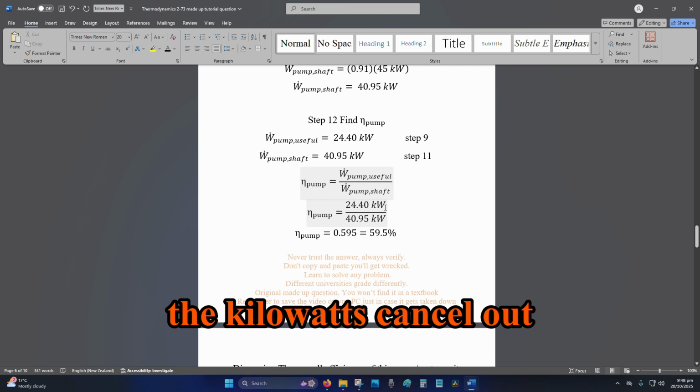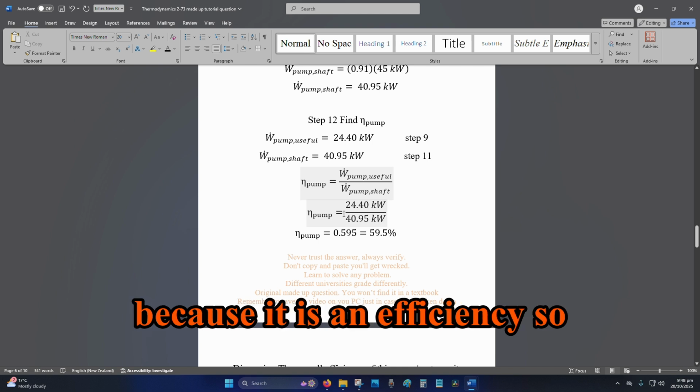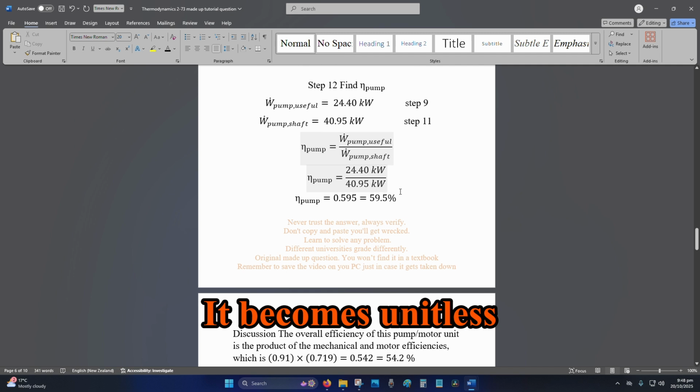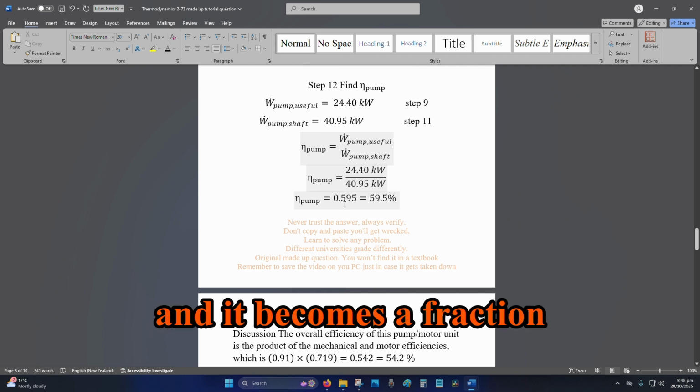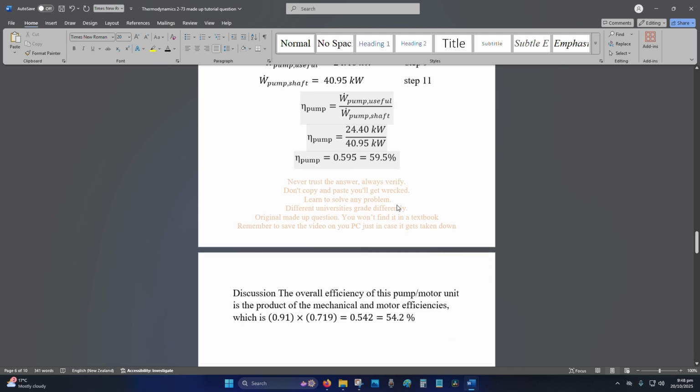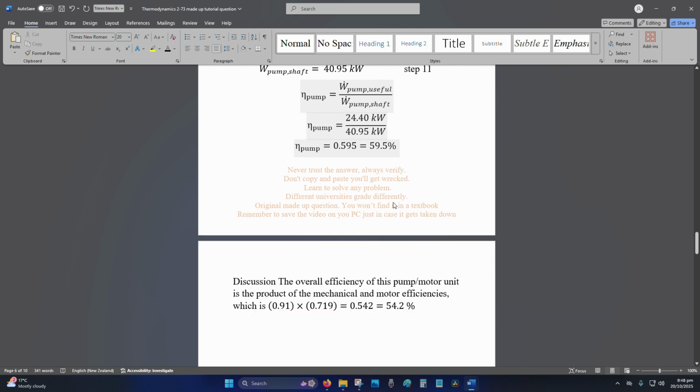The kilowatts cancel out because it is an efficiency. So it becomes unitless and it becomes a fraction. So we get 0.595. So that is 59.5%, which is the efficiency of the pump.